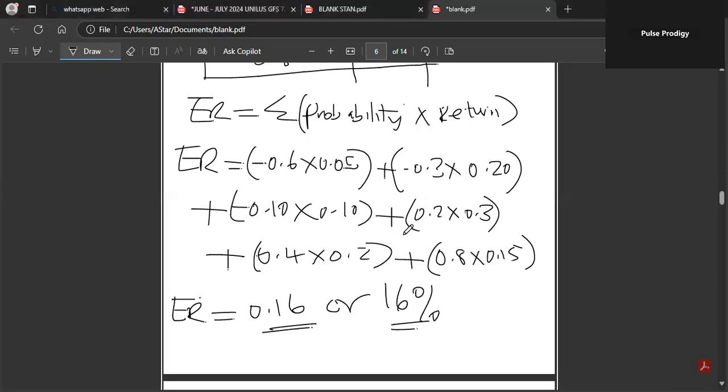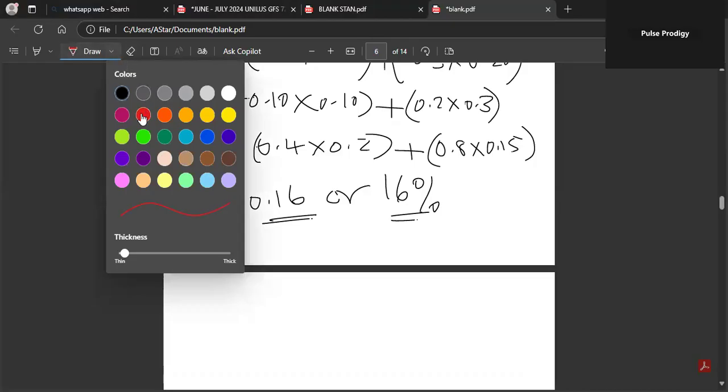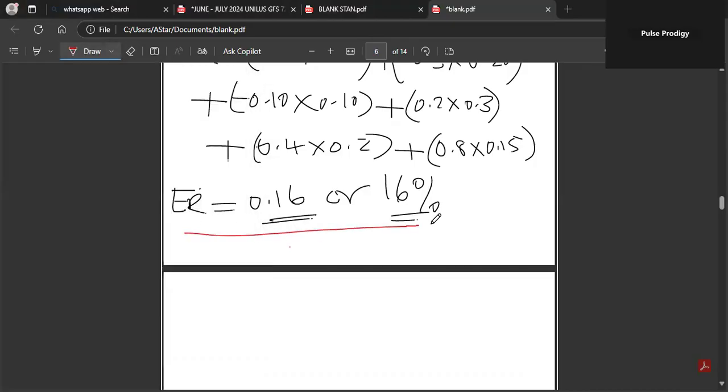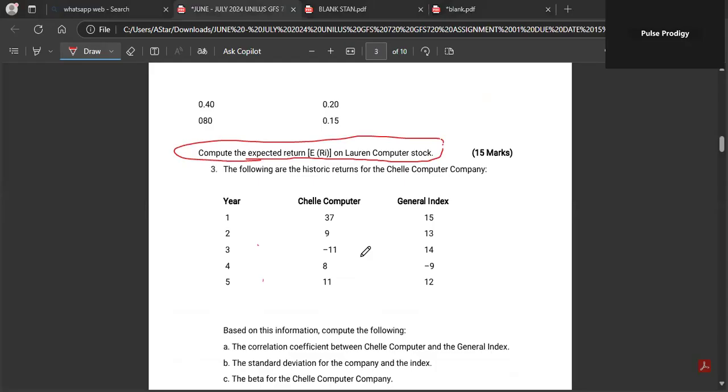So this is our expected return. Is that clear so far? Are we together? Yes, sir.